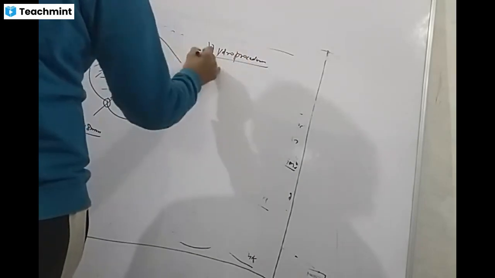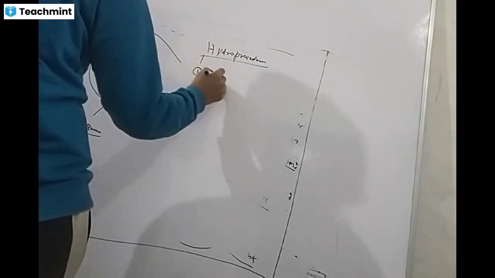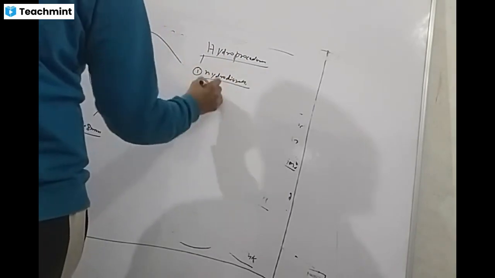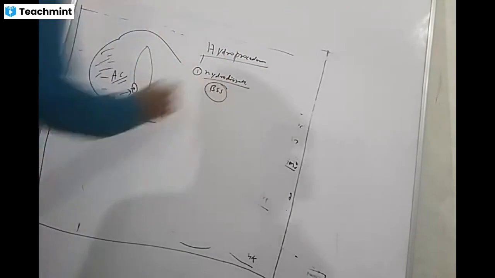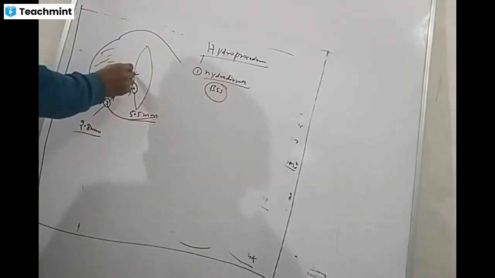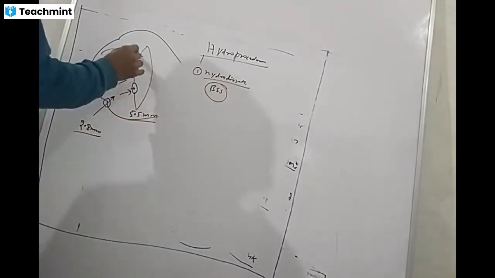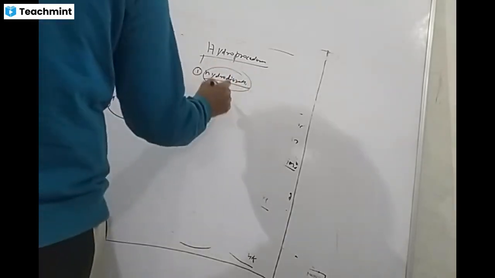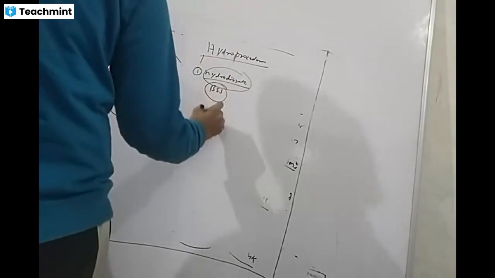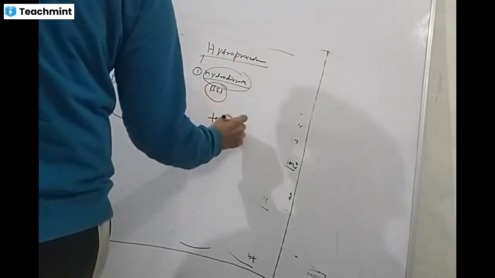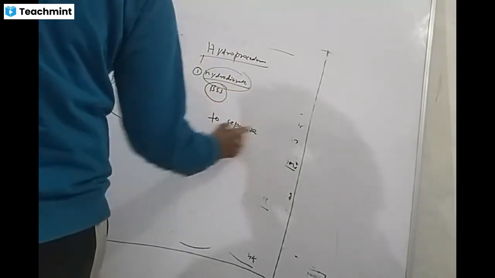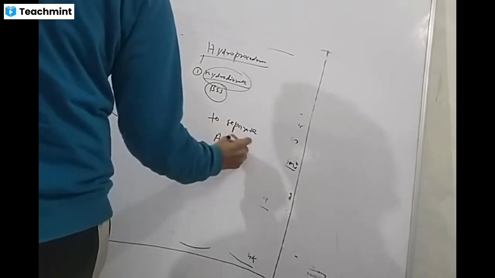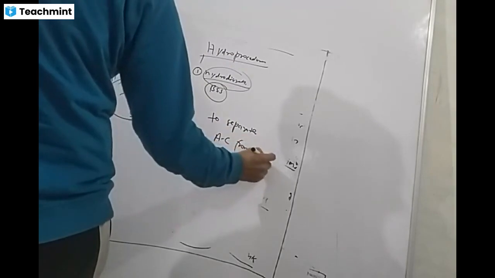Hydroprocedure. First is hydrodissection. We use balanced salt solution, and we inject it just below the anterior capsule. The role of this hydrodissection is to separate the anterior capsule from the underlying cortex.